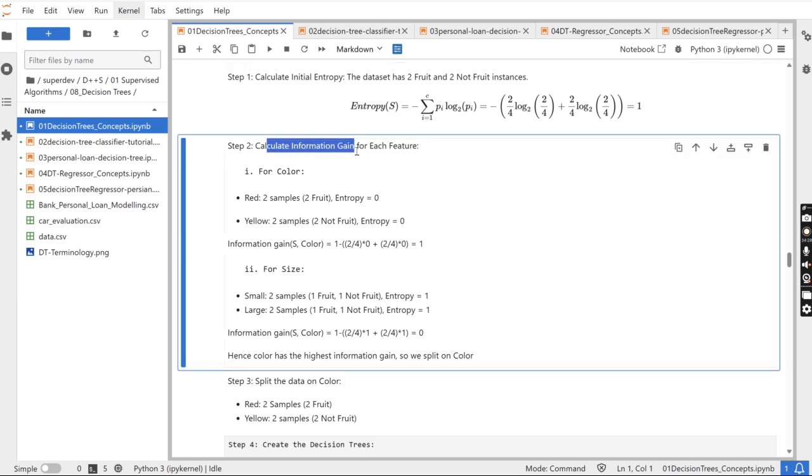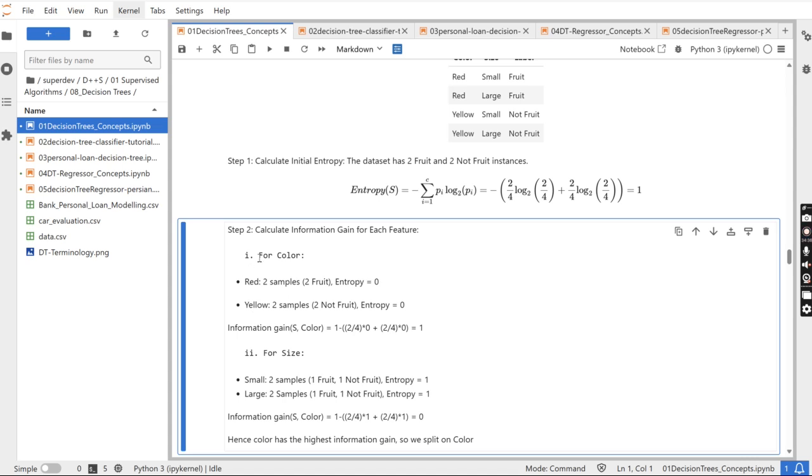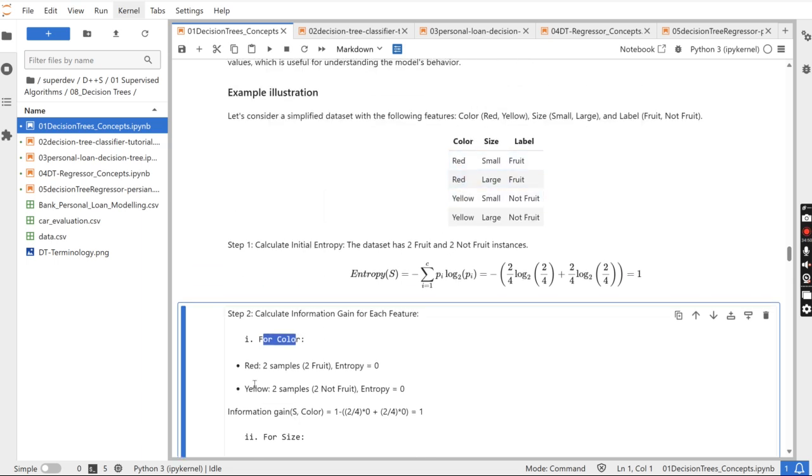Now it starts calculating the information gain. How much information gain can happen at that particular entropy? It has to decide which feature to take up in order to make the decision, so it looks at the feature level. For the color feature, how many are red? 2 are red, 2 are yellow. How many reds result in fruit? 2.